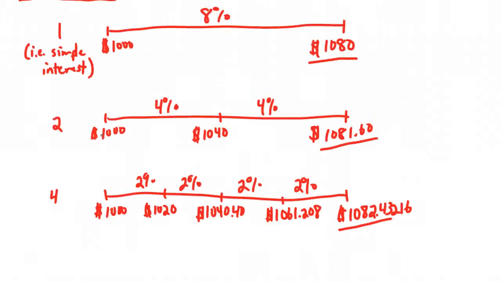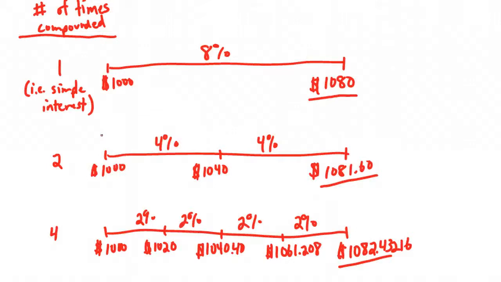Okay, one other thing I want to point out that we'll talk about later is that notice when we compounded twice per year, we ended up with $1,081.60. So it was almost like we really were making 8.16% interest. Okay, even though our interest rate was 8%, since we compounded twice per year, it was almost like we were making 8.16.